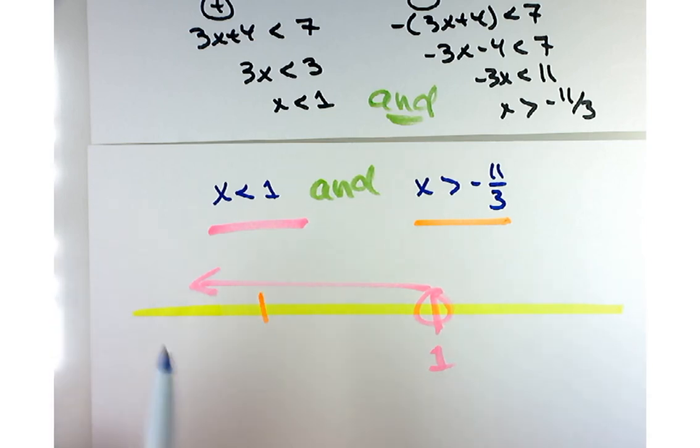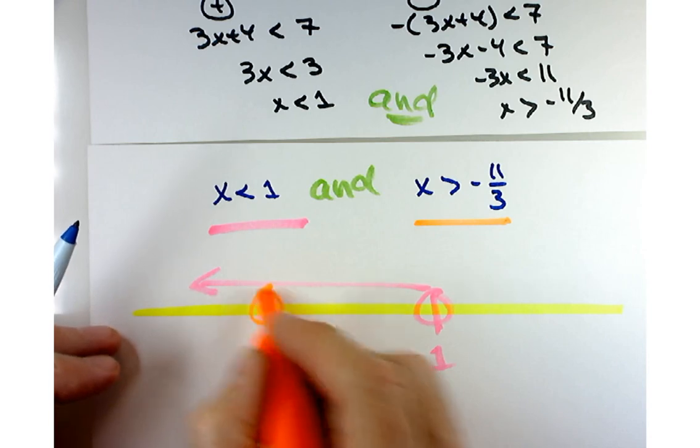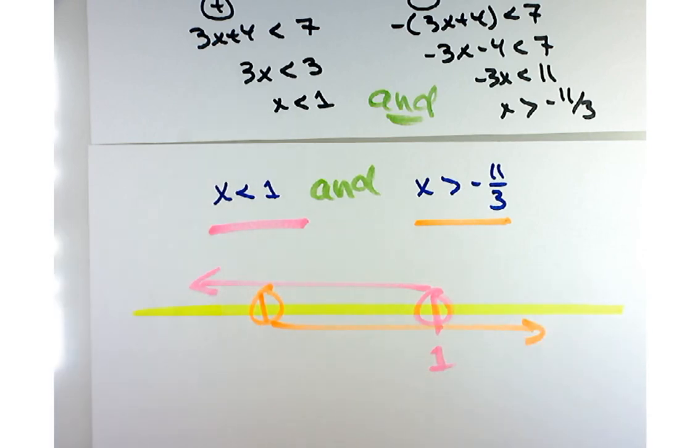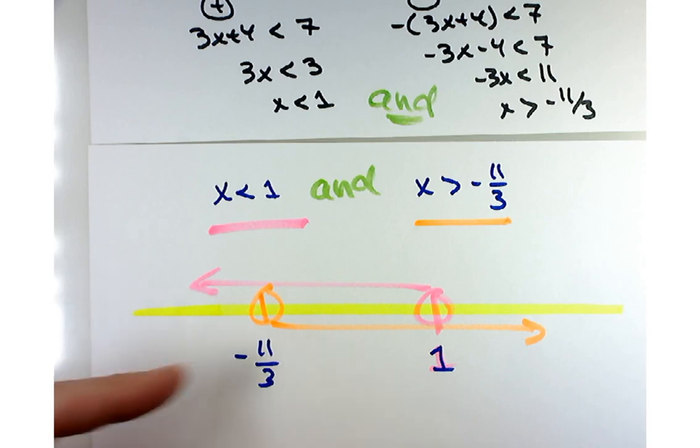So that's over here. And this time we're going to have a hollow dot, arrow to the right. Okay, so that's my negative 11 thirds here. Negative 11 thirds.